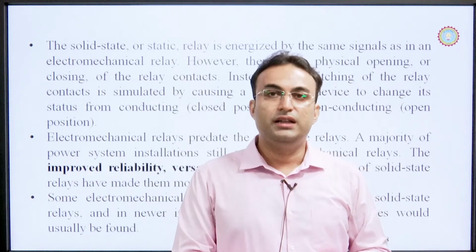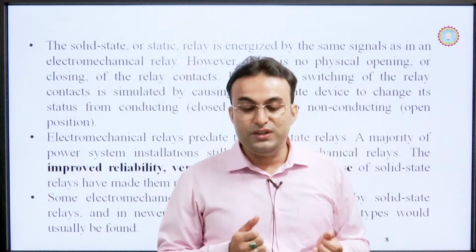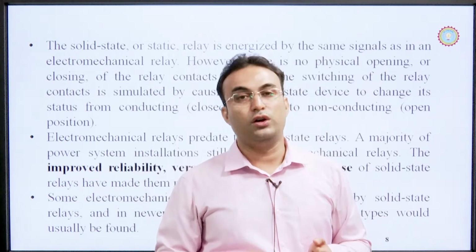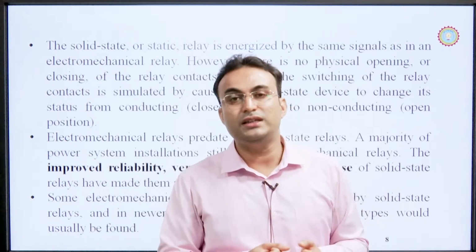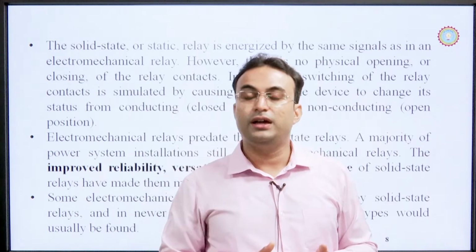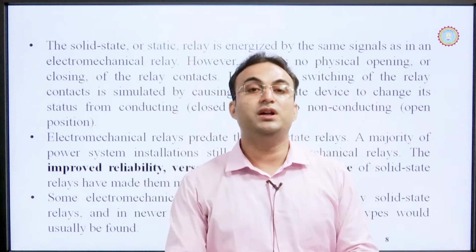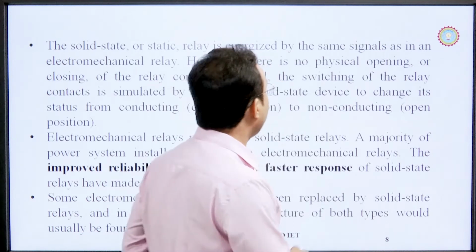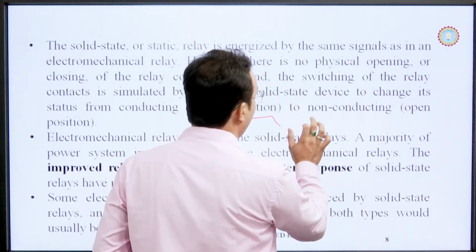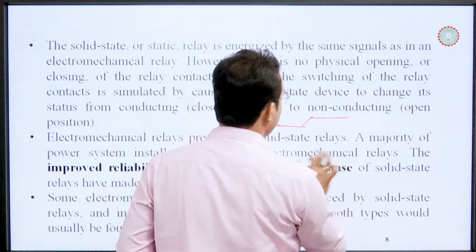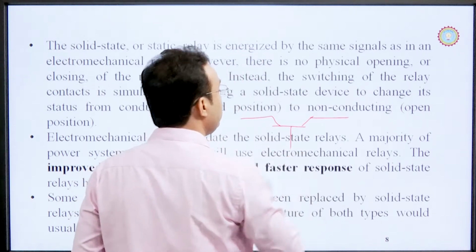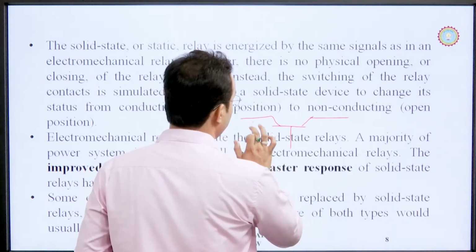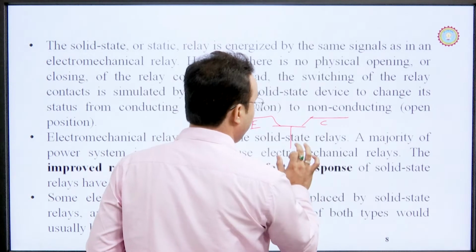However, there is no physical opening or closing of relay contacts, because in solid state relays no physical contact is there. The switching is done with the help of power electronic switches. We can take the example of a BJT, with emitter, collector and base.